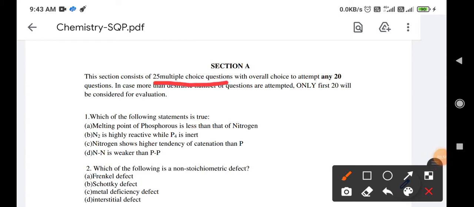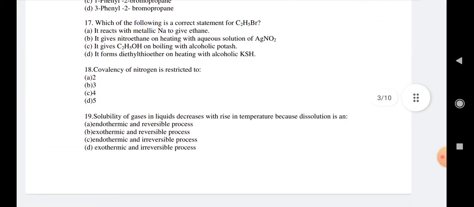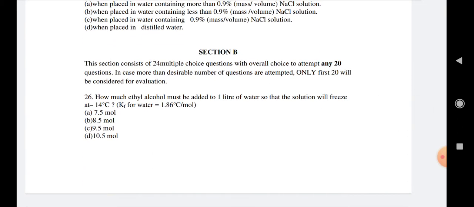Now in section B, let us see what it is about. This section consists of 24 multiple choice questions with an overall choice to attempt only 20 questions. In case more than the desirable number of questions are attempted, only the first 20 will be considered. So if any student answers all the questions, the first 20 questions will be evaluated, and the rest or the last questions will not be evaluated.